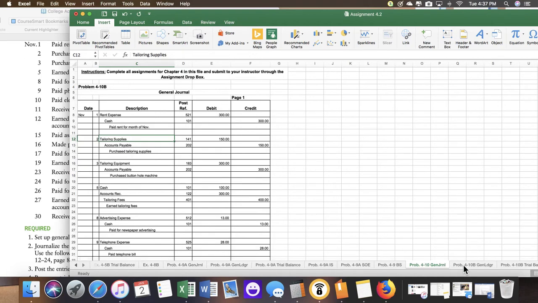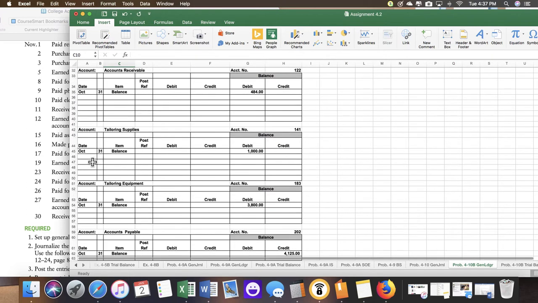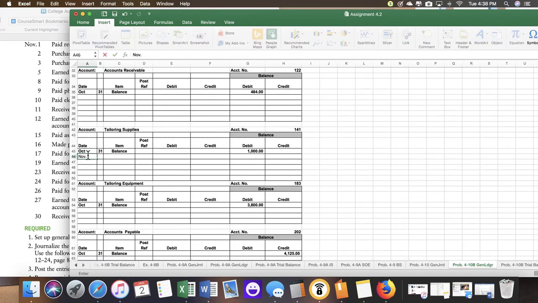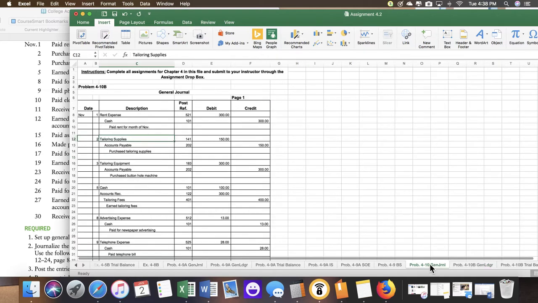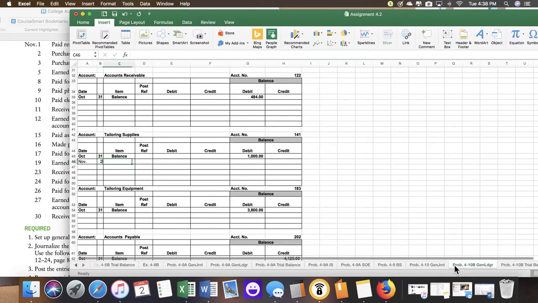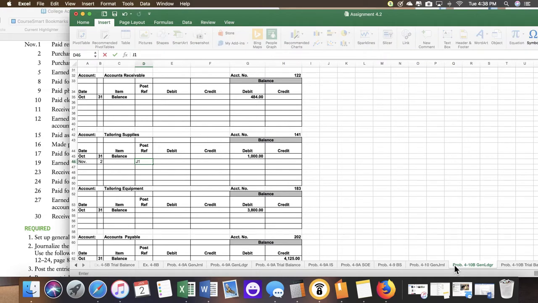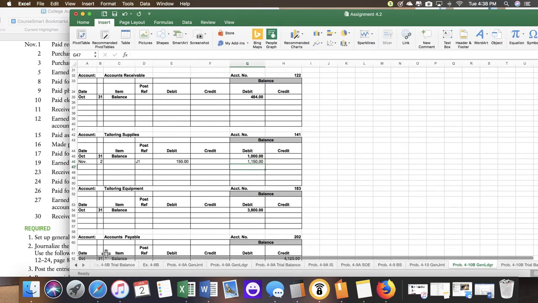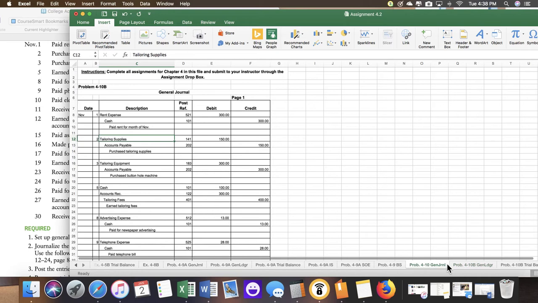So tailoring supplies for $150. Oops. Make sure the date, November 2nd. Journal reference, $150. That gives our balance of $1,150. We purchased it on account.